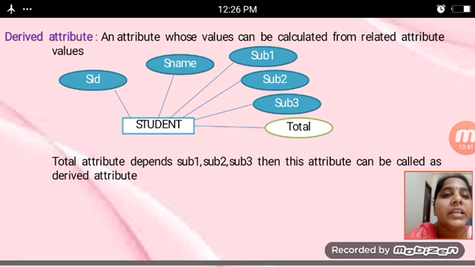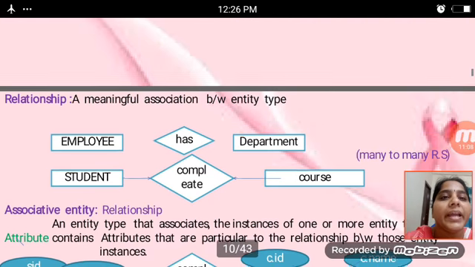The total attribute depends on subject 1, subject 2 and so on, so this attribute is called a derived attribute. A student having so many subjects, the subjects are collected into the total. This is a derived attribute. After that, the next will be relationship.